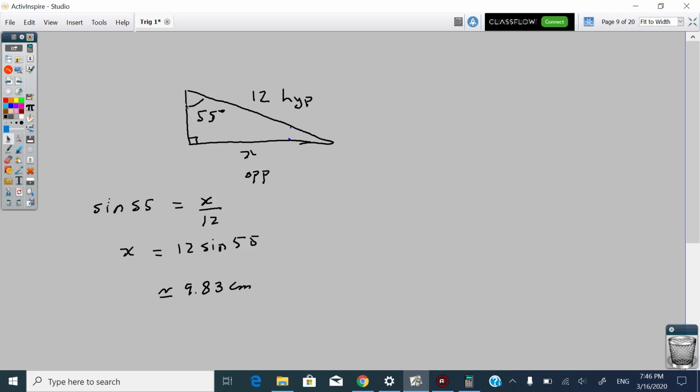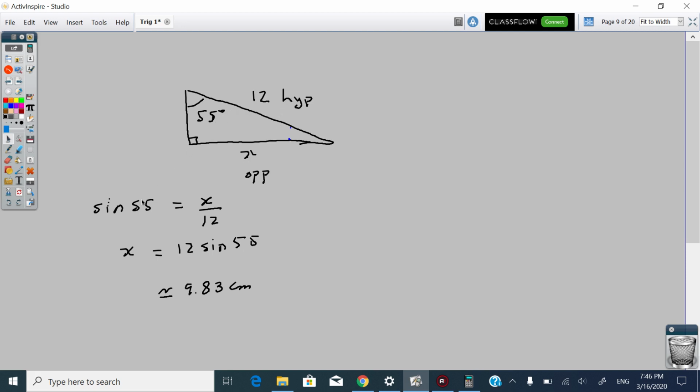Let's say that we have this right angle triangle with an angle of 55, and let's say that this side is x units long, centimeters in this case. The right angle is here, so this is the hypotenuse. And as far as the 55 degrees is concerned, this is the opposite. Now you ask yourself, which trigonometric ratio connects the opposite and the hypotenuse? And that's the sine.